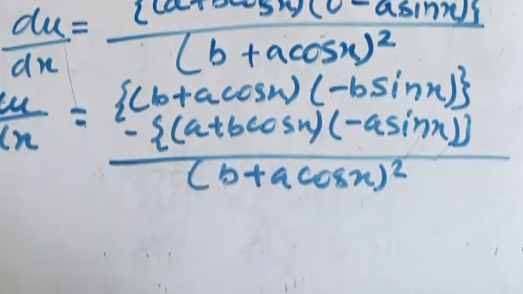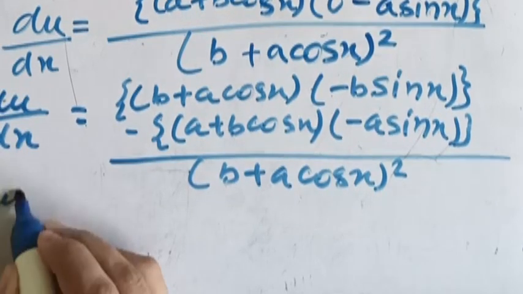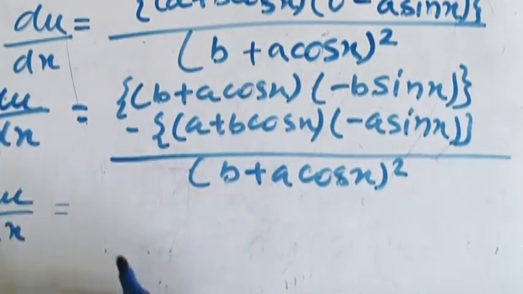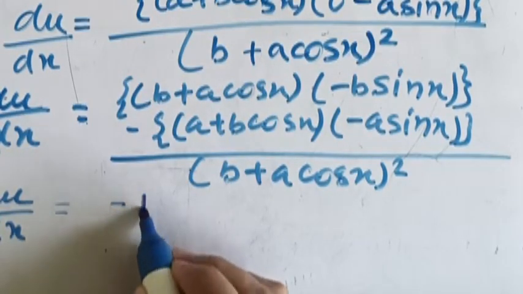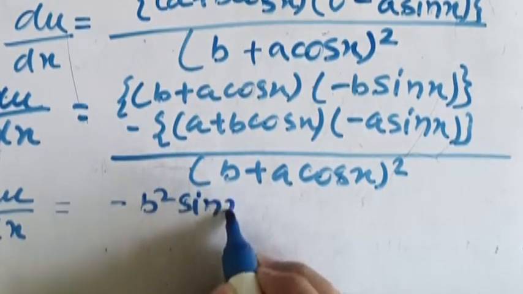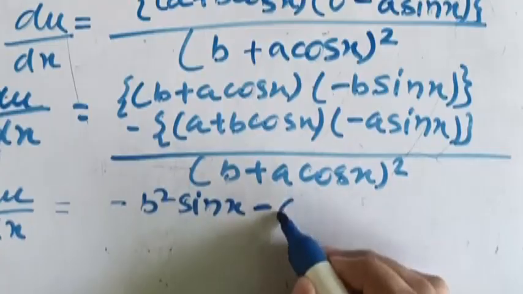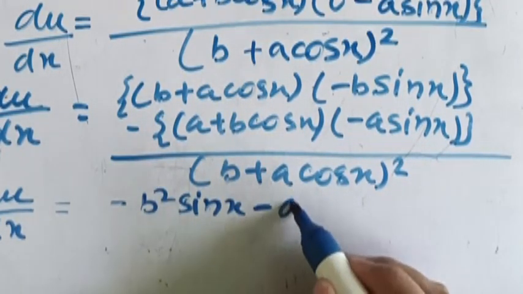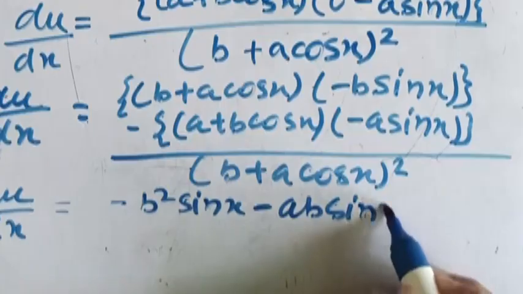So now what you have to do is just multiply this. Finally you will get: multiply minus b sin x with b, so it will become minus b square sin x, and multiply minus b sin x with a cos x, so it will become minus ab sin x cos x.